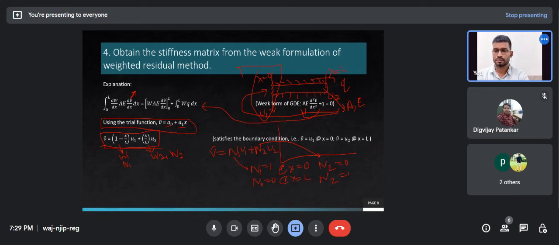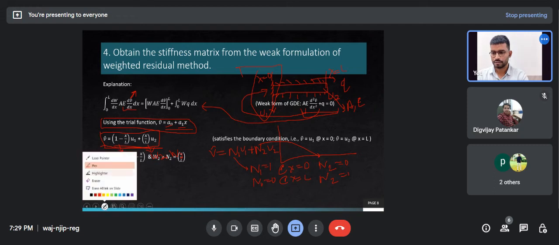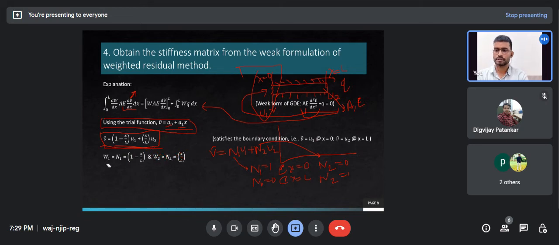So I have taken the trial functions according to the weak formulation, and in the weak formulation the order of the trial functions was 1, so I have taken the first order term only here, and substituting the boundary conditions, I got this one, right? So I have written here again, w is equal to nothing but the shape functions.